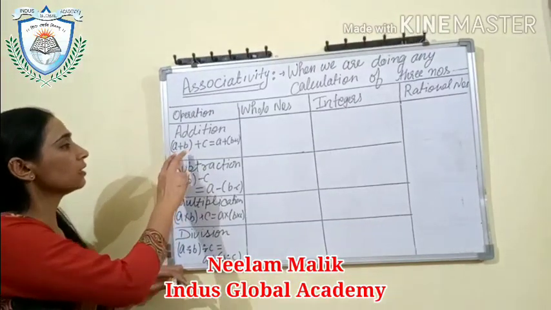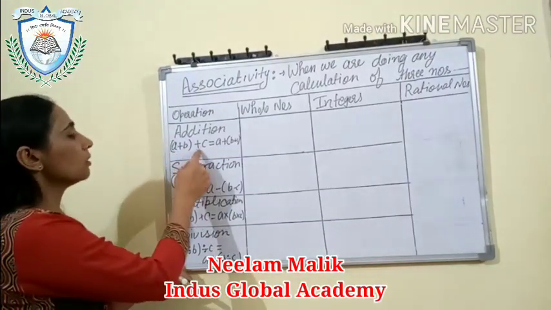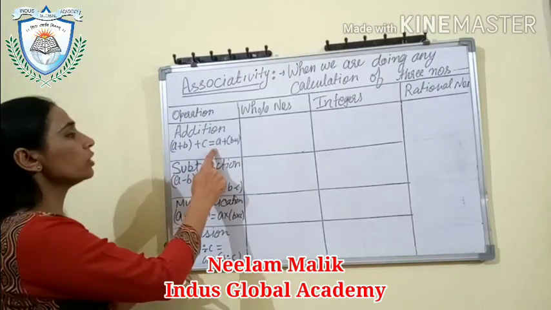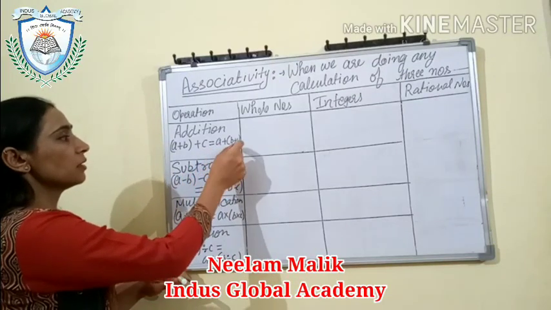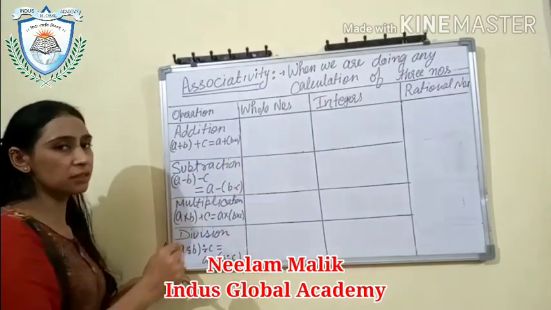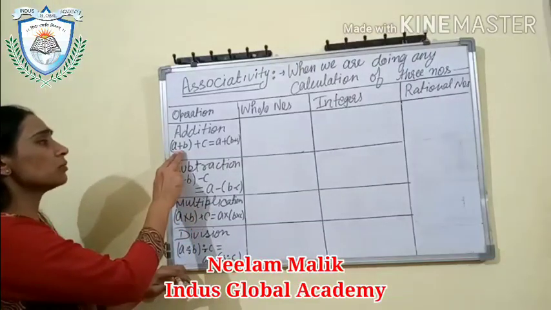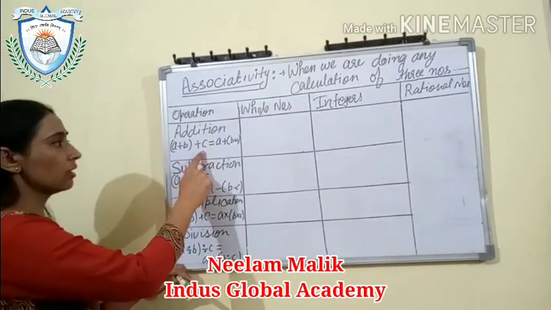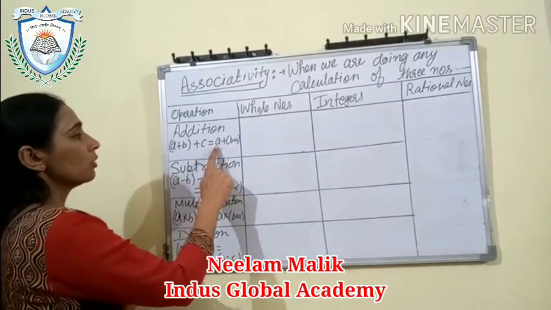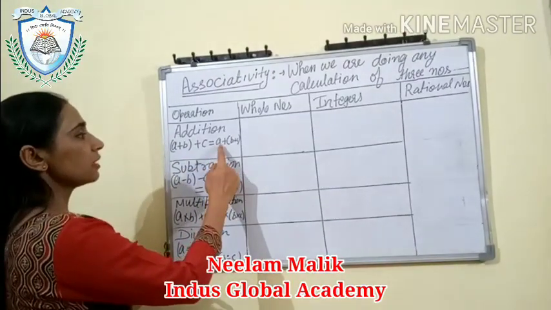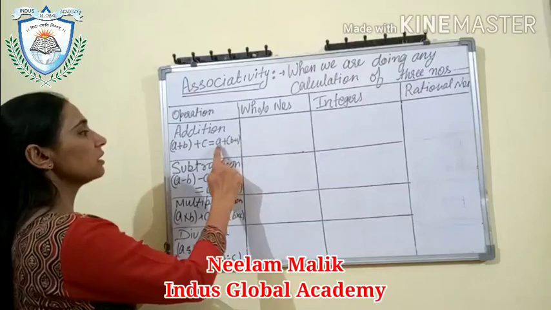So if a plus b plus c is equal to a plus within bracket b plus c, means if we are adding these two numbers first and then adding the third one, that should be equal to adding like this: first we are adding b plus c, then a.